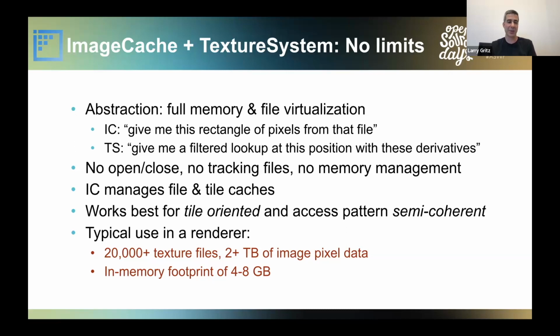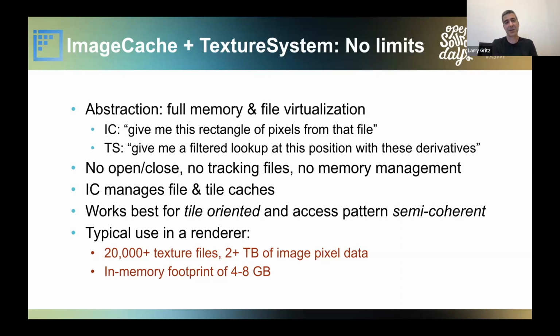And this can all be done with an in-memory footprint of, I think our default is 4 gigabytes. And sometimes when we're feeling really adventurous, we go up to 8. So it keeps a fairly low memory footprint, which is really useful in a renderer where you probably need the rest of the memory to handle things like geometry.